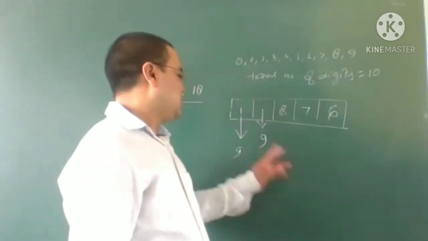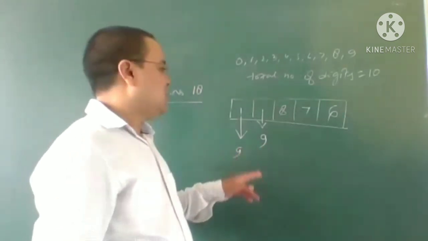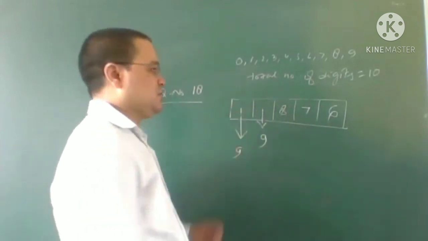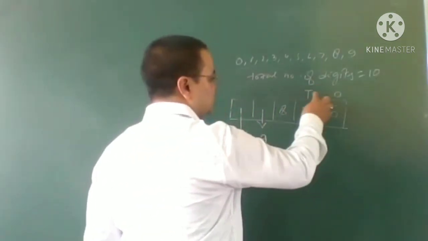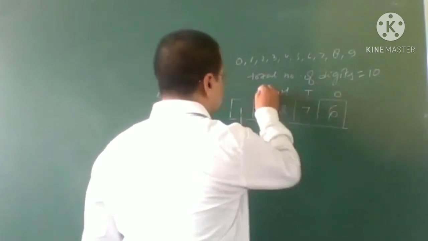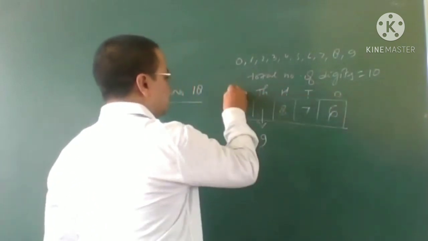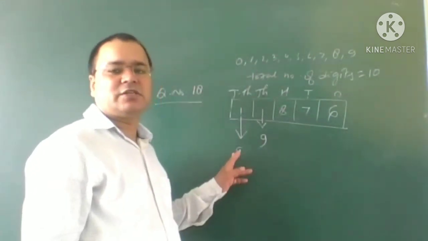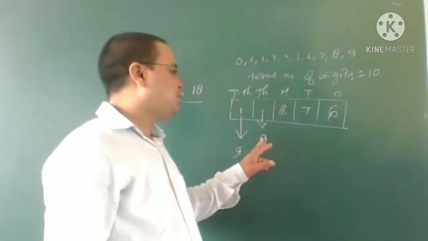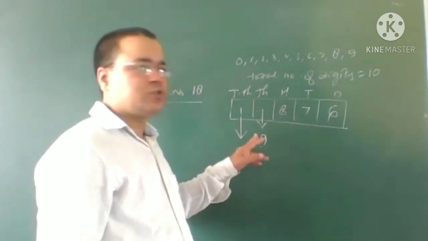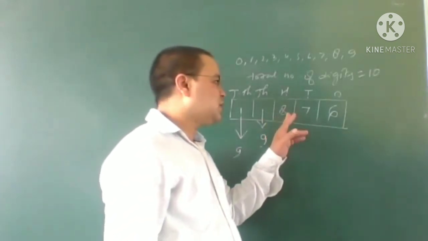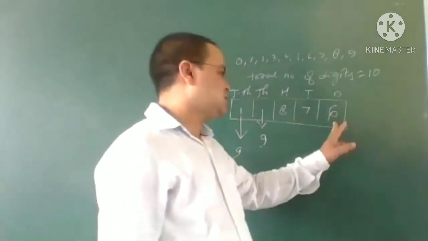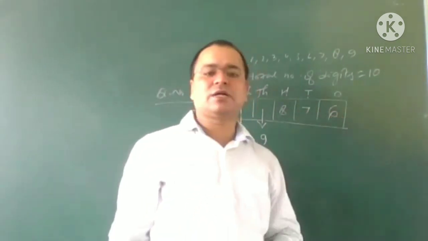There are 9 choices for the 10,000 place, 9 choices for the 1000 place, 8 choices for the 100 place, 7 choices for the 10 place, and 6 choices for the 1's place.